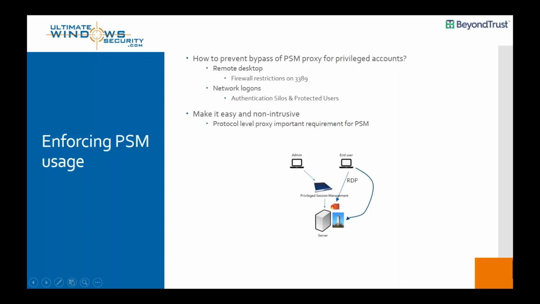The problem is the password is known by the admin and is known by any malware running on that system, and that's what we're trying to prevent here, is complete password isolation.